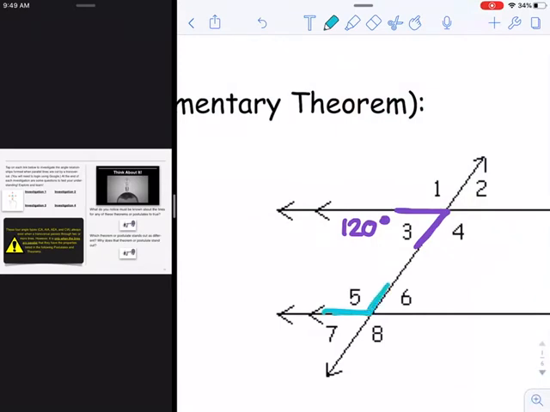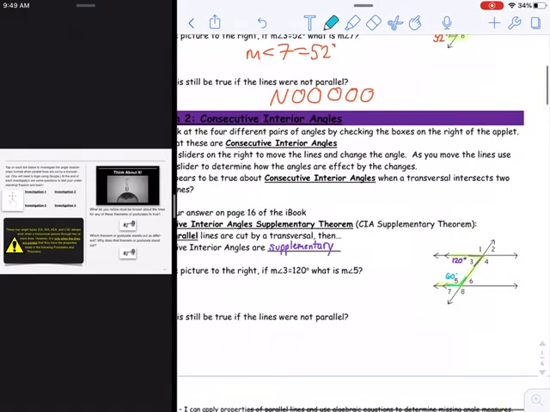Angle 5, well, these two angles, they're consecutive interior angles because they're on the same side. They're both on the left side of the transversal, and they're both on the inside of the parallel lines. So that must mean that they're supplementary, so that's 60 degrees.